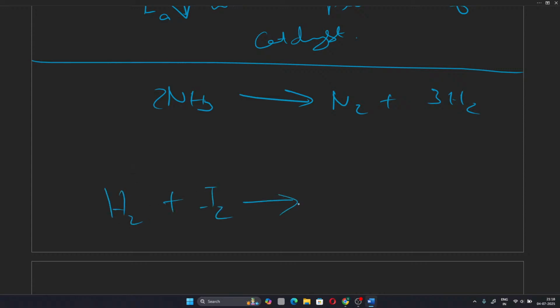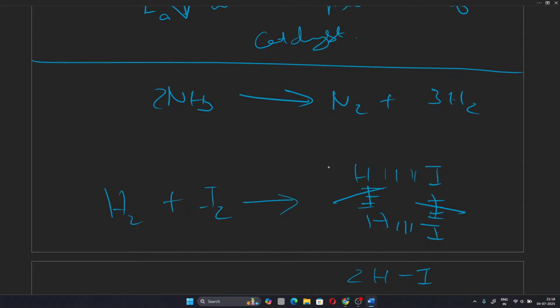Basically, H and H will collide here, forming a transient state where this bond is breaking and this bond is formed, and these bonds are broken and we get two HI molecules. This is one of the mechanisms for the reaction to occur.